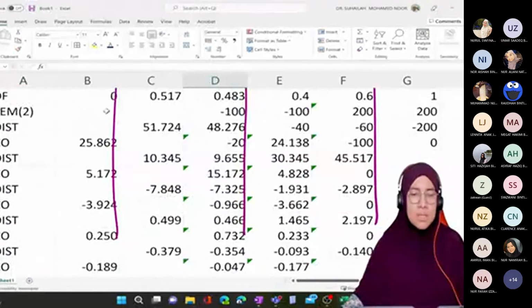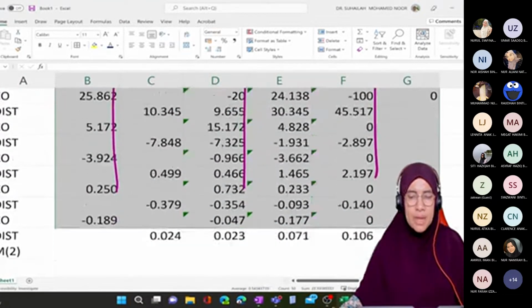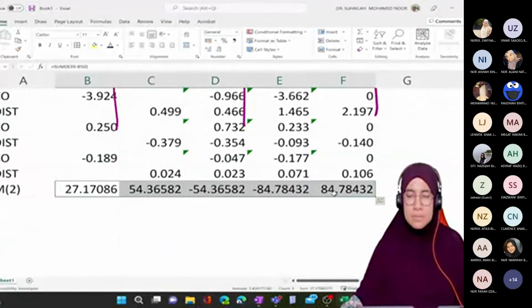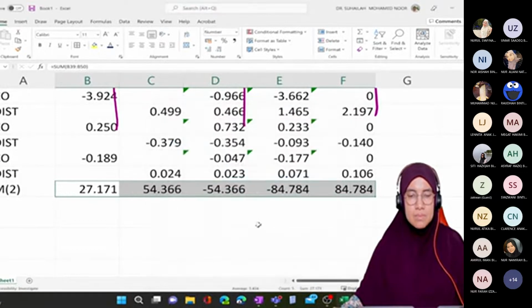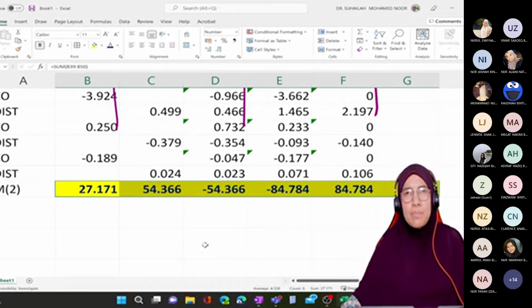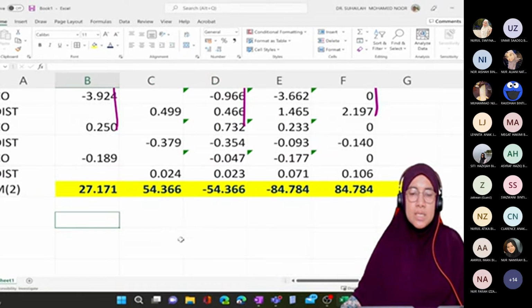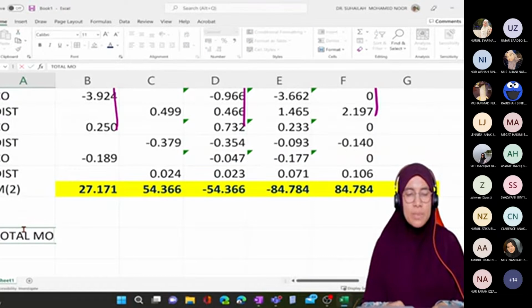Okay, total all the moments. Start from the first member end moment in the table. Sum all. So this is the end moment due to support settlement only. Support settlement only. So total moment.